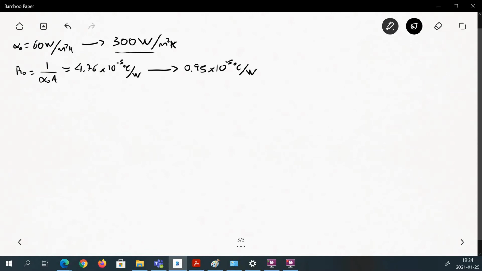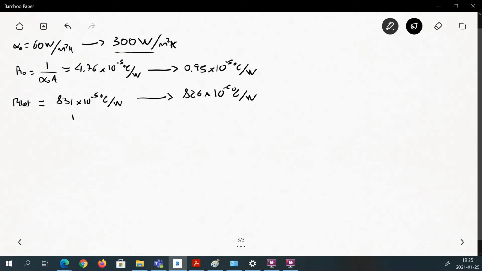Okay, then this value implies that our R tot will be, that at the beginning was 831 times 10 to the minus 5 grade centigrades over watts, then transits to 826 times 10 to the minus 5 grade centigrades per watt.